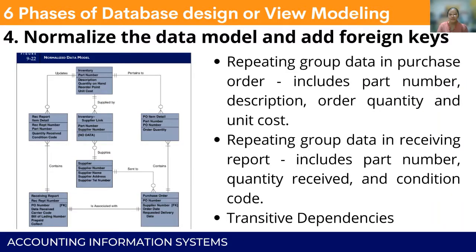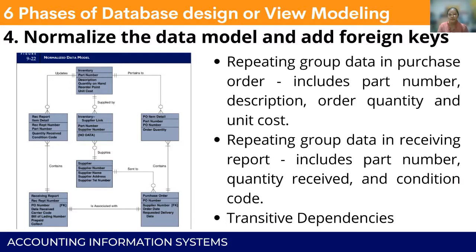The fourth phase is normalizing the data model and adding foreign keys. Normalization issues that needed resolution are outlined in the following section, which are based on the normalized data model. First is repeating group data in purchase order, which includes part number, description, order quantity, and unit cost. And repeating group data in receiving report includes part number, quantity received, and condition code.